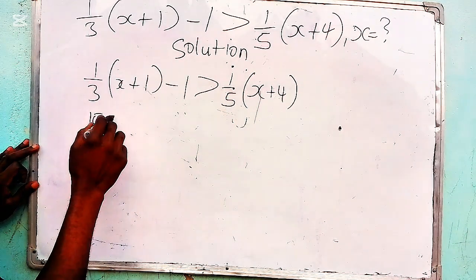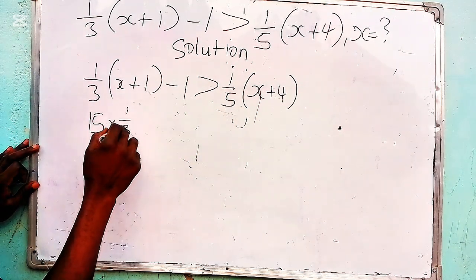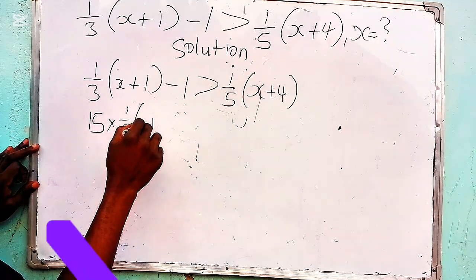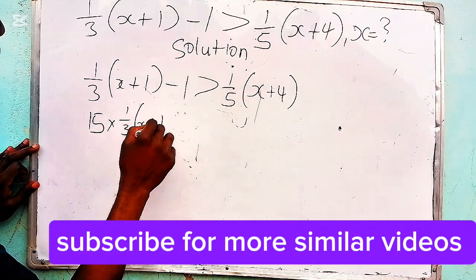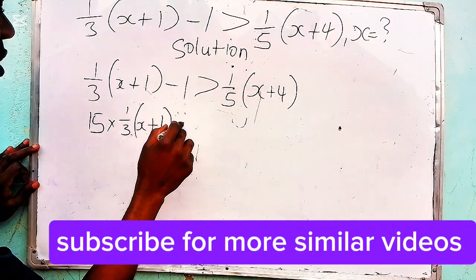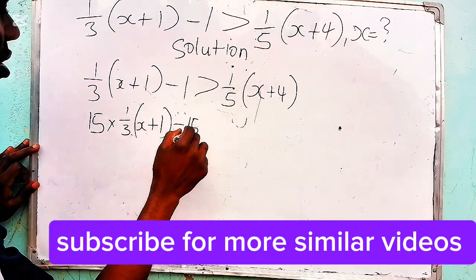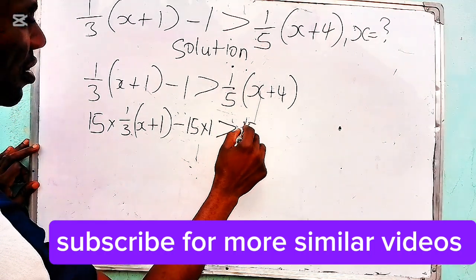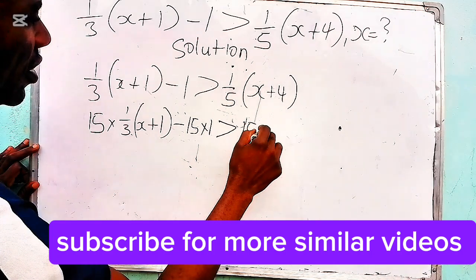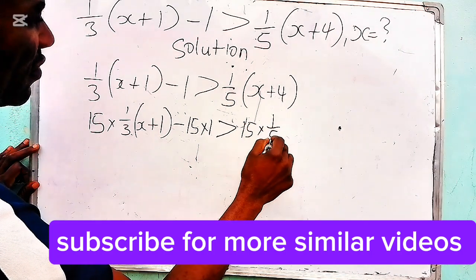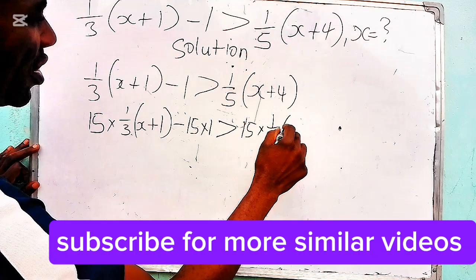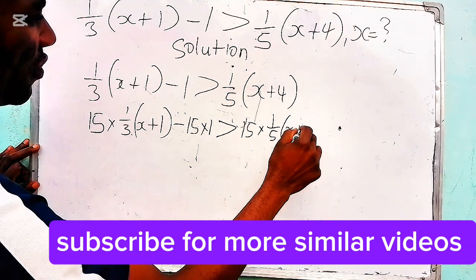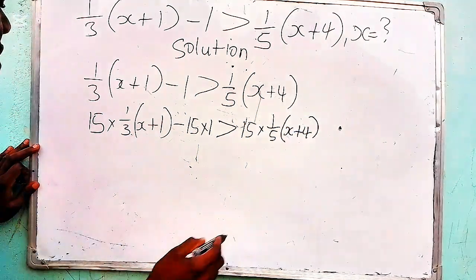15 times 1 over 3 (x + 1), close the bracket, minus 15 times 1, greater than 15 times 1 over 5 (x + 4), close the bracket.